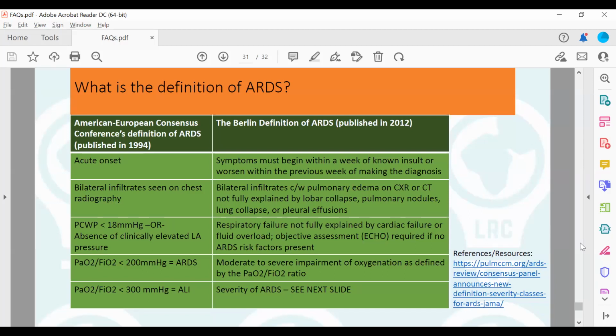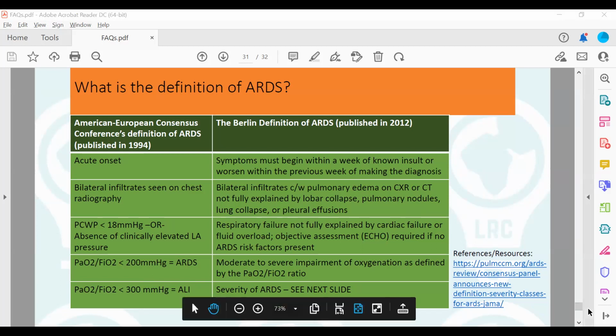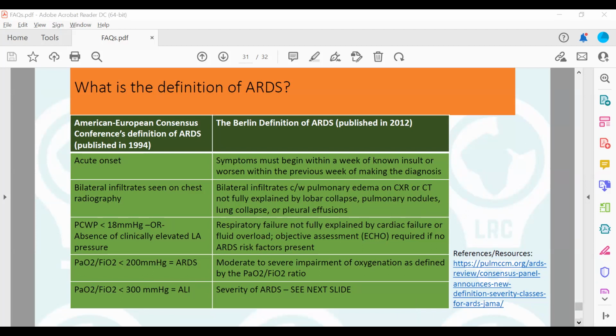And also, you have a low PaO2 to FiO2 ratio, which is below 200. And lastly, you may think about severe ARDS once you have a PaO2 to FiO2 ratio below 100.